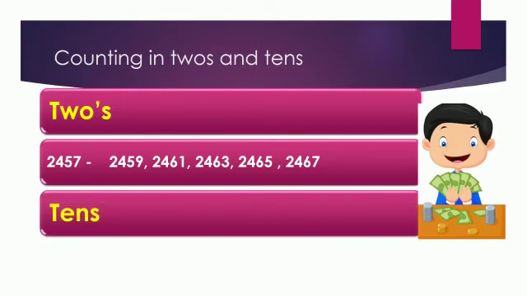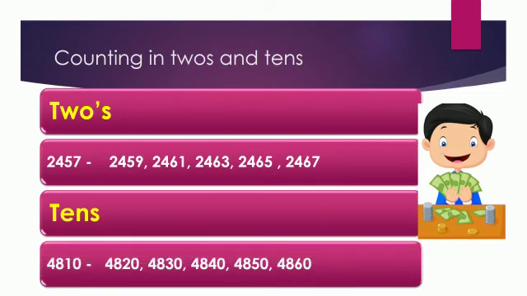Okay, now we move on to learning counting in tens. So, any guesses? Yes. Similarly, counting in tens would mean you simply add number 1 to the tens place, or you add 10 in the rough column and see. So let's do it quicker.